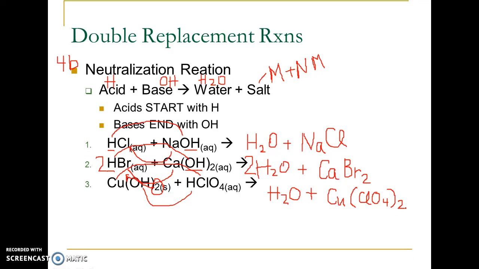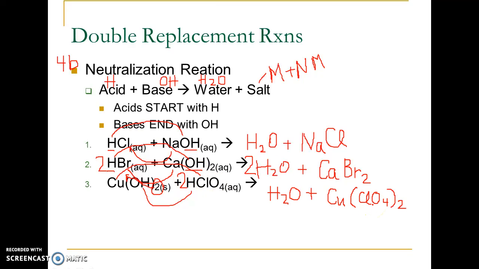I'm going to check to make sure that it is balanced. I'm going to start with my metals, because I'm going to do MINNOW. I have 1 copper, balanced. I have my ions, perchlorate. I have 1 perchlorate here, and I have 2 perchlorates here, so I'm going to place a 2 right here. So I have 2 perchlorates, 2 perchlorates.